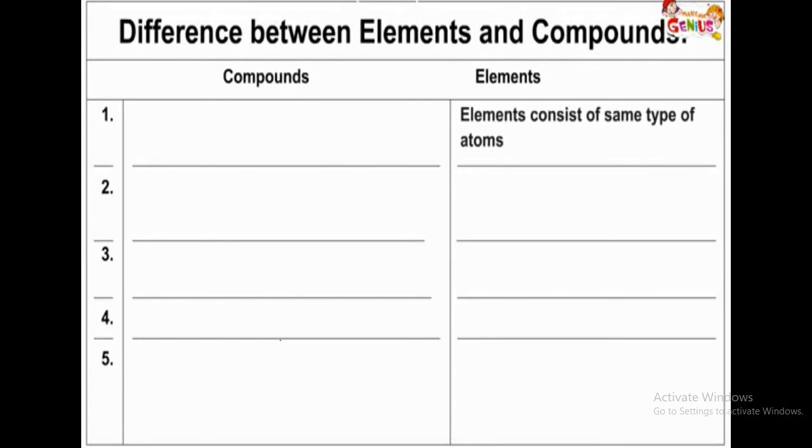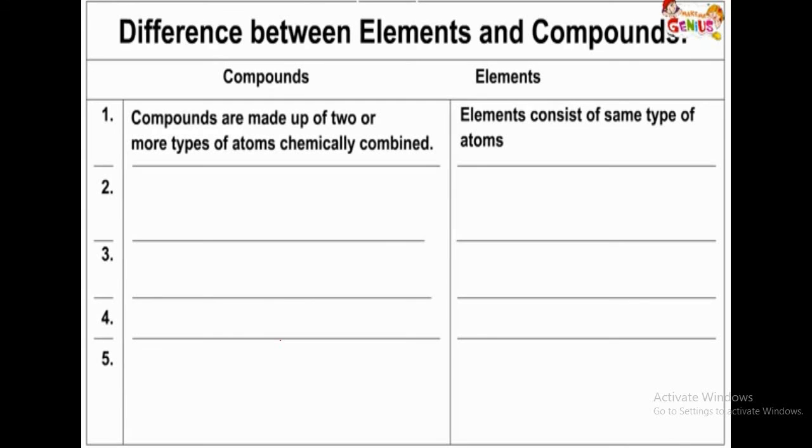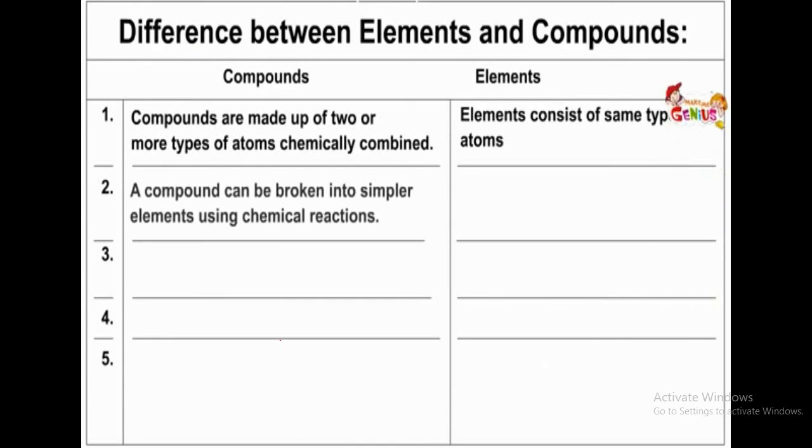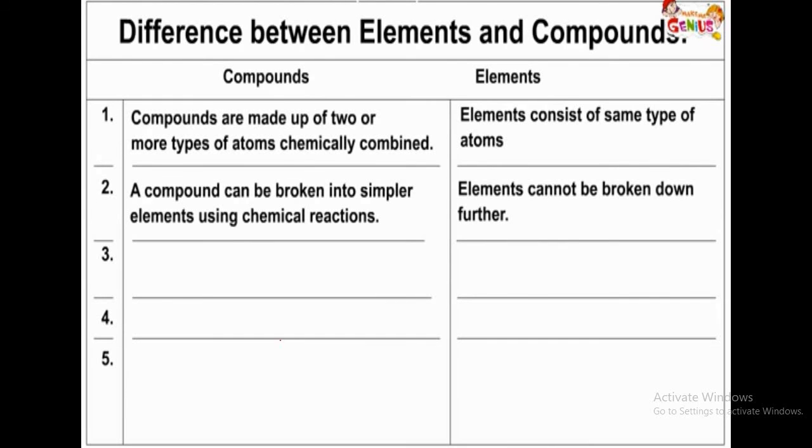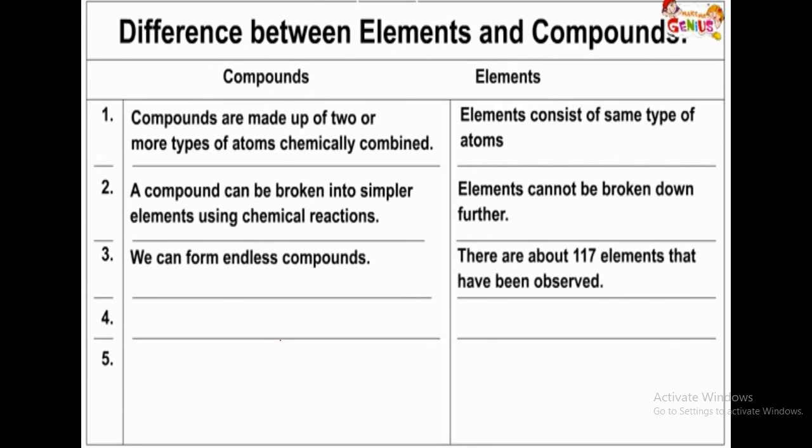Elements consist of same type of atoms, whereas compounds are made up of two or more types of atoms that are chemically combined. A compound can be broken into simpler elements using chemical reactions, whereas elements cannot be broken down further. We can form endless compounds, whereas as of now, there are about 117 elements that have been observed.